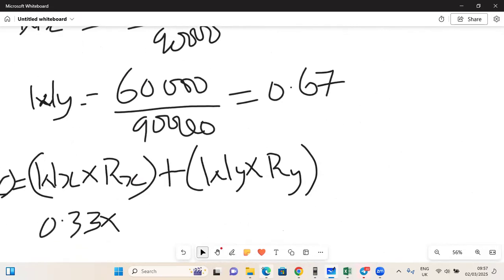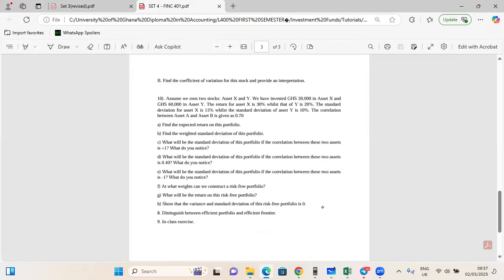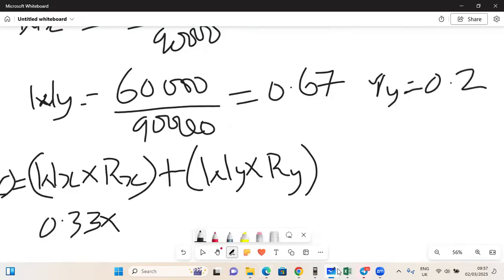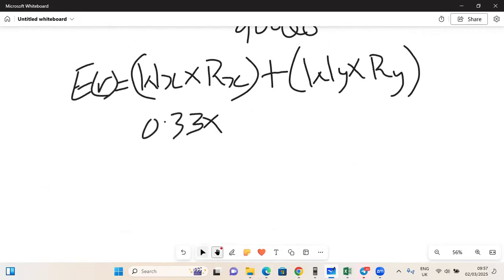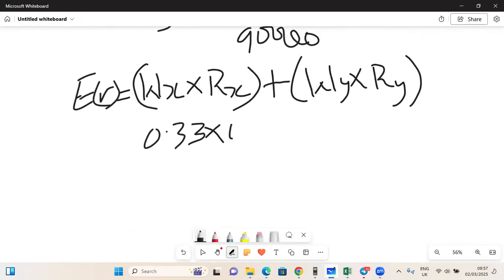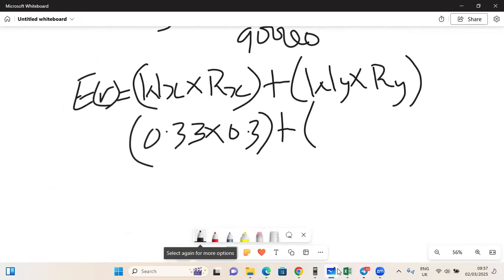The return of Y is 20%, so 0.2. So it is 0.33 times 0.3, plus the weight of Y, 0.67, times the return of Y, 0.2.